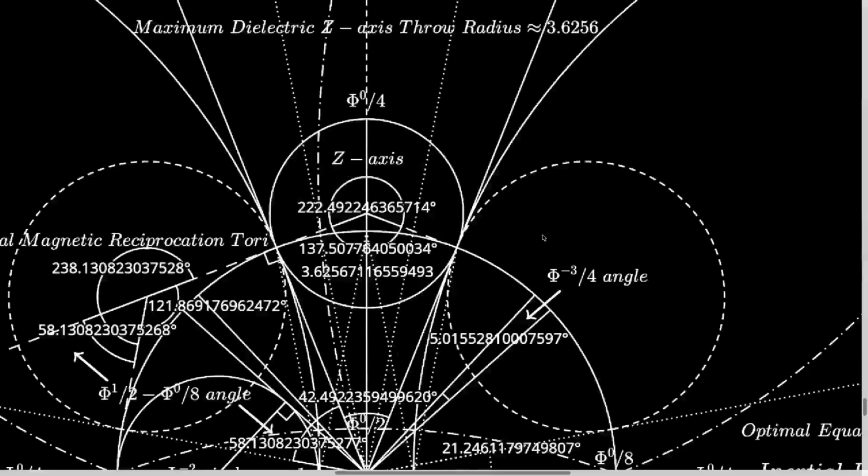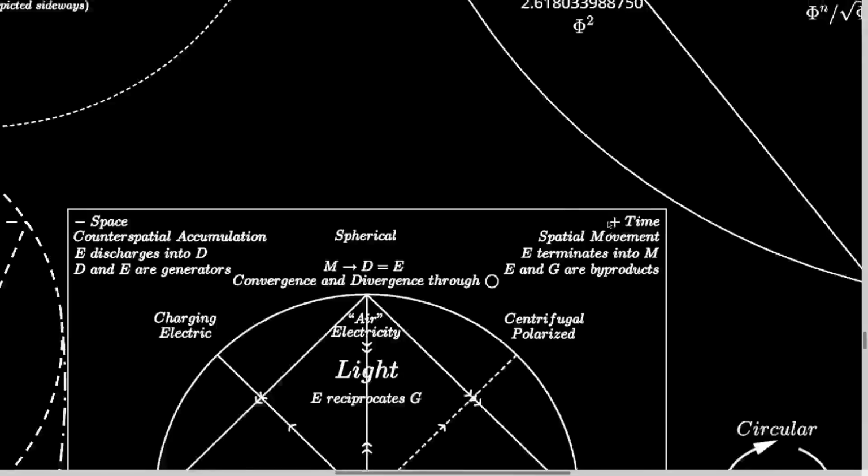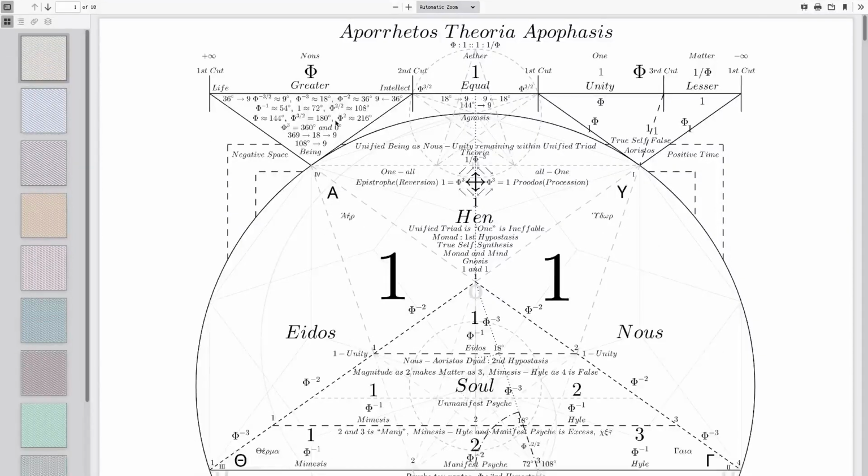Oh boy, I've explained this before, did I? Yeah, I did. So let me move on to this one. This is version 1.625, or 1 and 5 over 8.